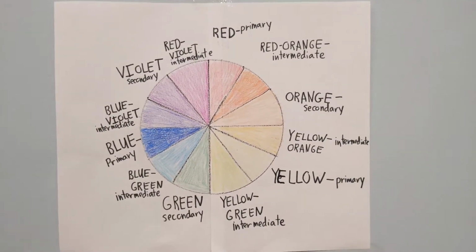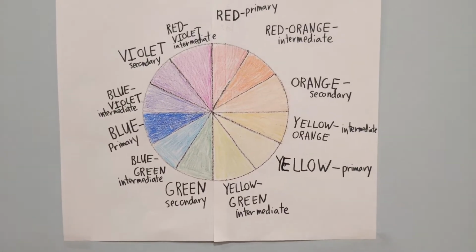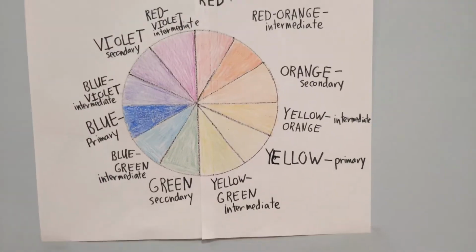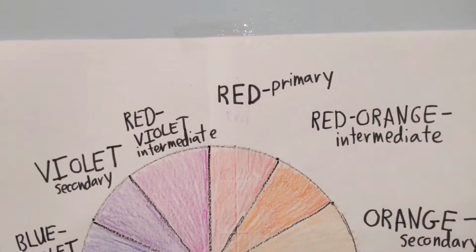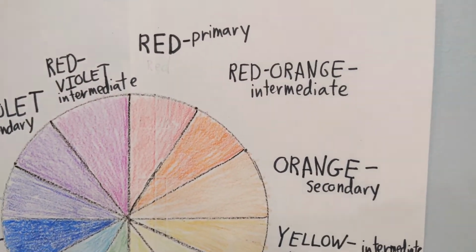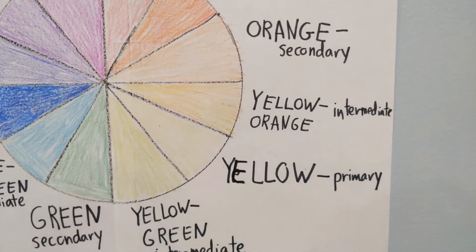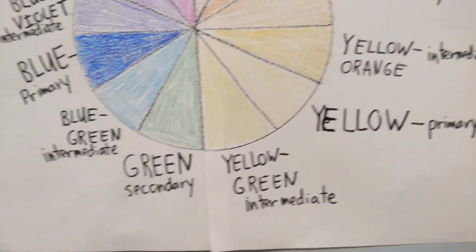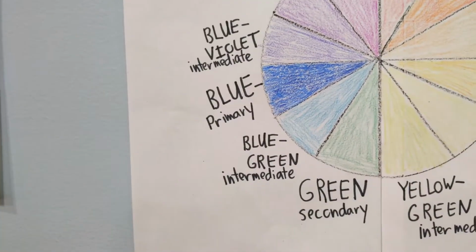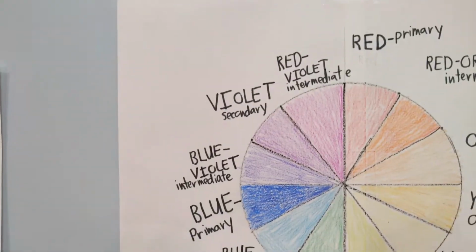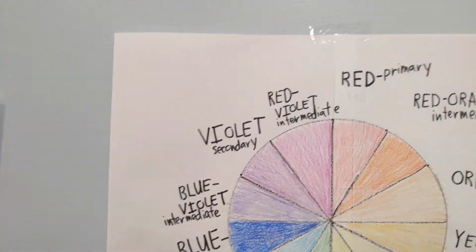You can even rip off a little piece of paper for each one. So once again, we need red, red-orange, orange, yellow-orange, yellow, yellow-green, green, blue-green, blue, blue-violet, violet, and red-violet.